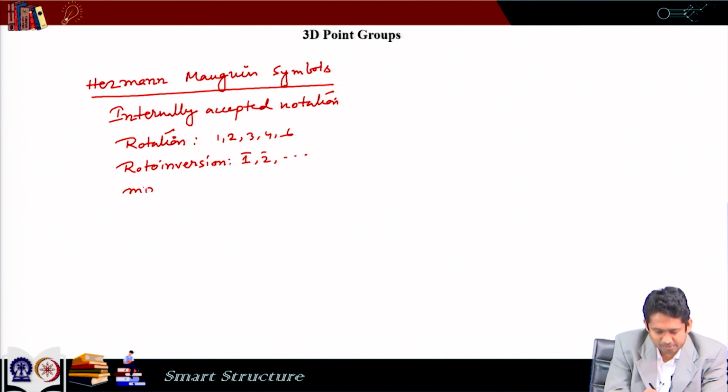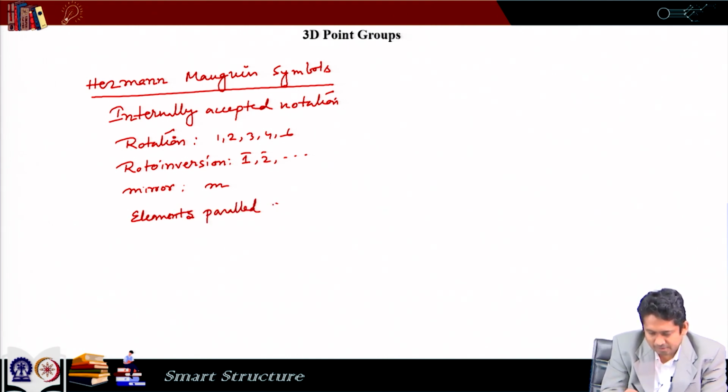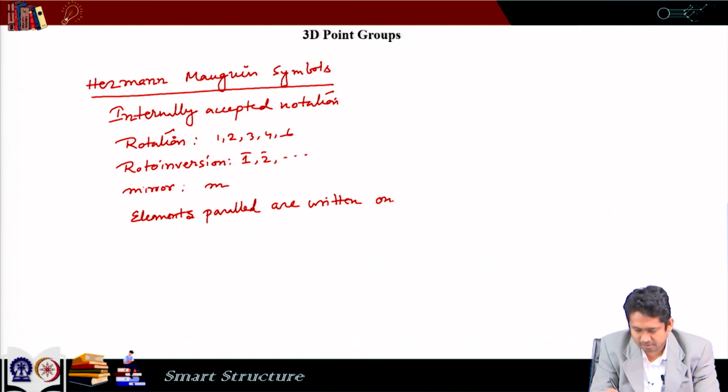A mirror, which means a reflection plane, is m, and elements which are parallel are written one after another.